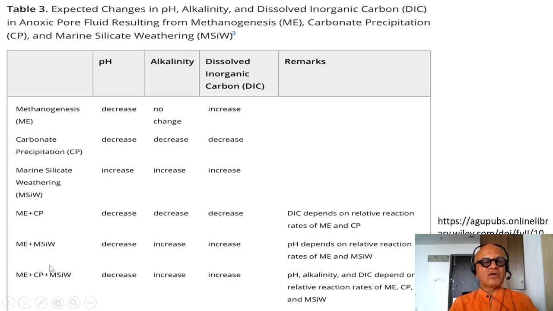So if you combine all three, pH will decrease, alkalinity will increase, and DIC will increase. So this is what we would be interested in. pH, alkalinity, and DIC depend on relative reaction rates of methanogenesis, carbonate precipitation, and marine silicate weathering.